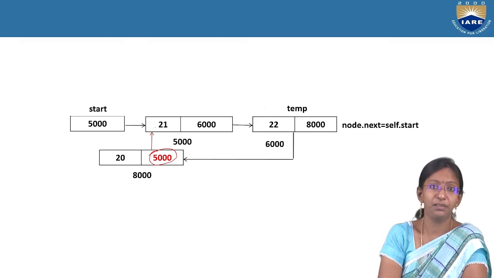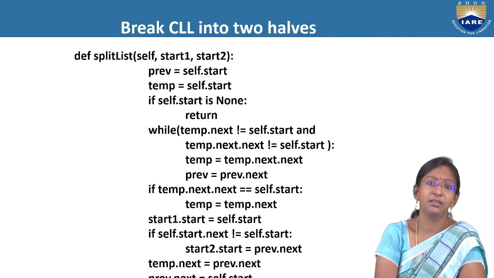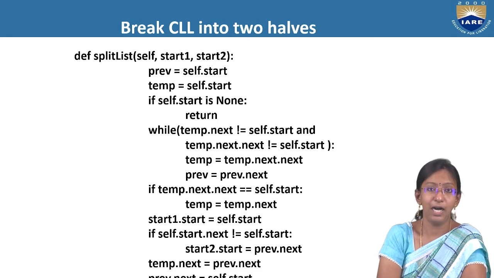Now the basic problem which I'm going to address now is breaking the circular linked list into two halves. Well and good.